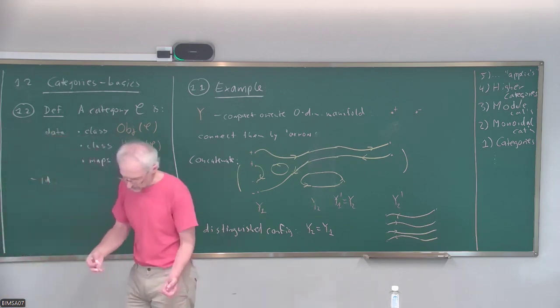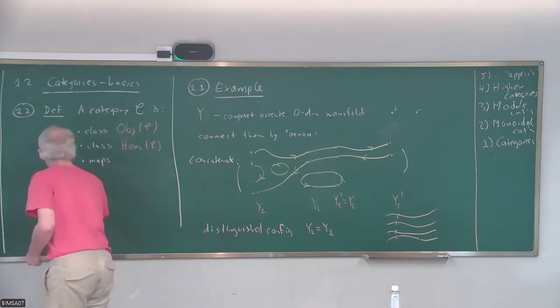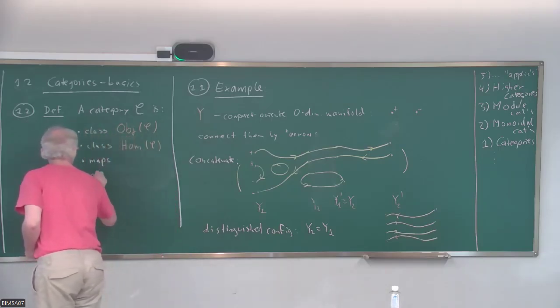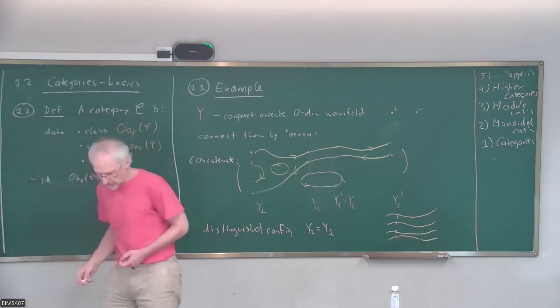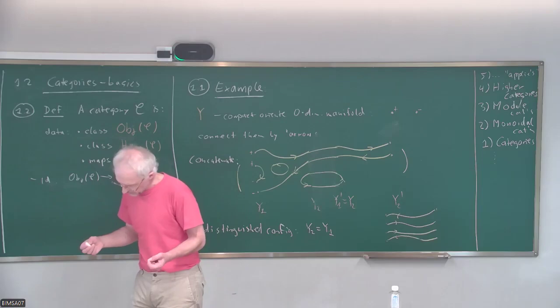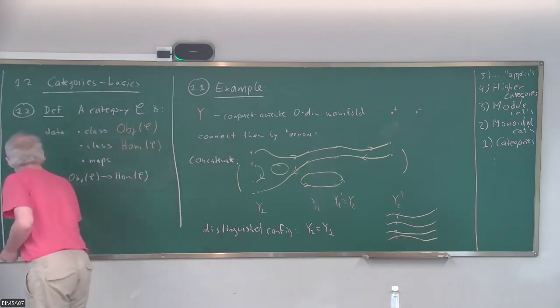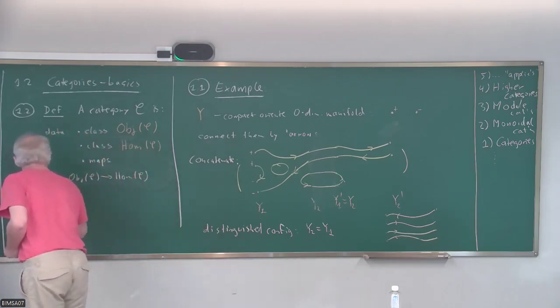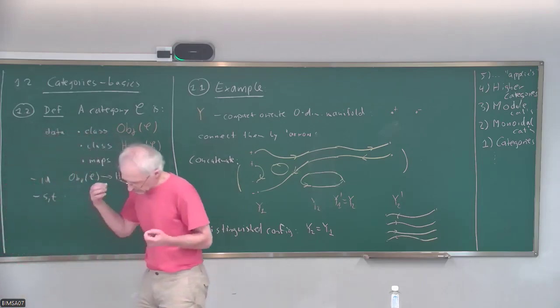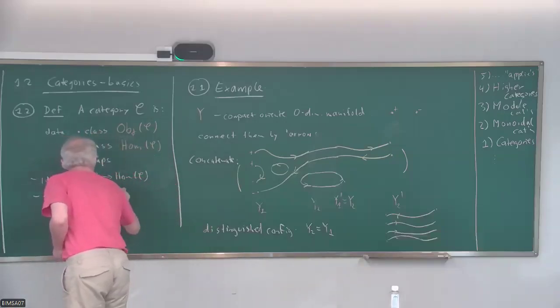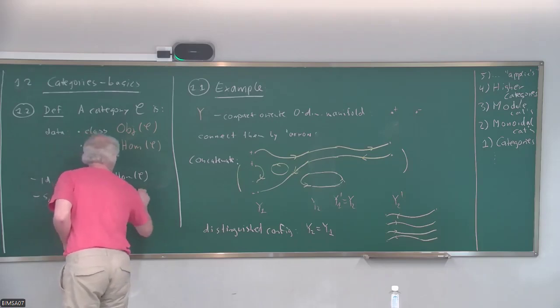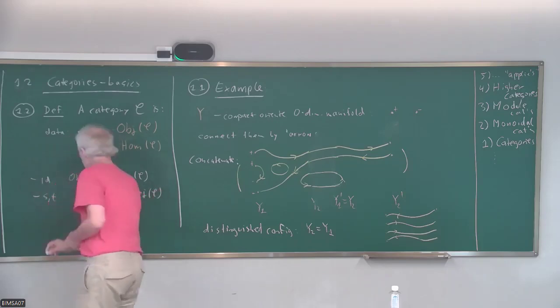This goes from objects to morphisms. Then we have two maps S and T, which you can think of as source and target, which go in the other direction. So for each morphism, there is a source and a target, which is an element of the class of objects.